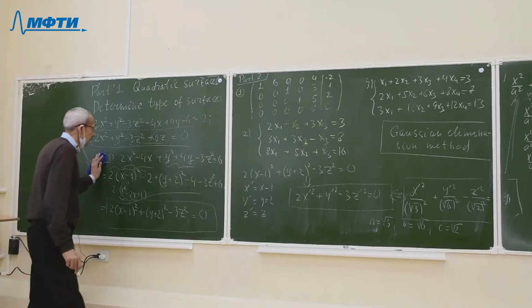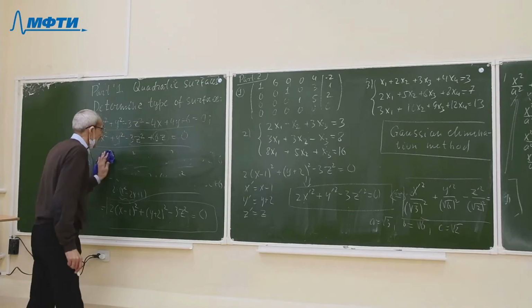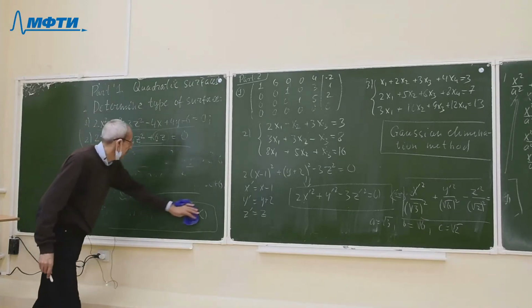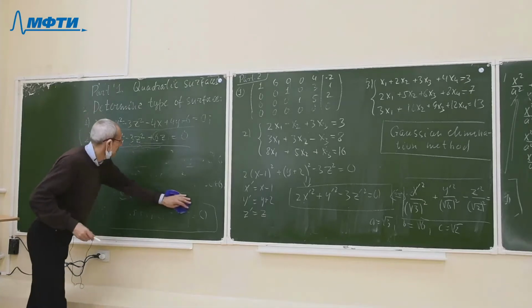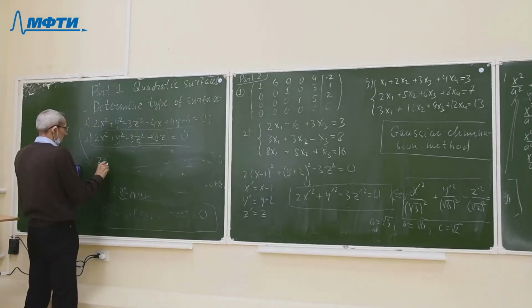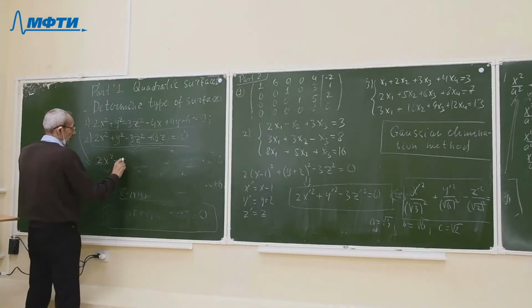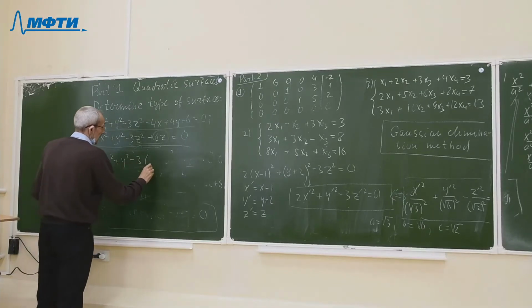We have the same transformation, but we must group these two terms, and in this case we obtain minus 3z.